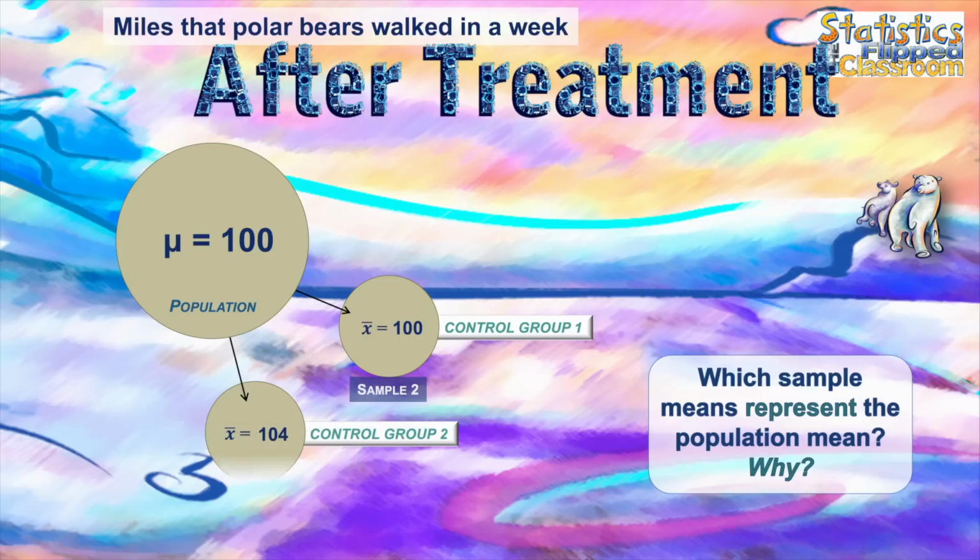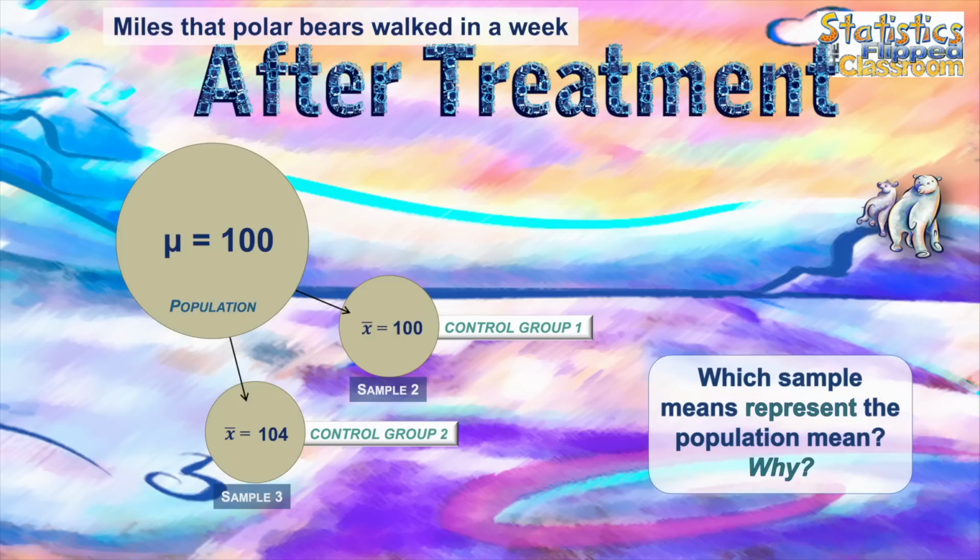But what about my second control group? They walk on average 104 miles per week. Is this number representative of the population? Well, it's not exactly the same. So I have to explain, why is it different? Is it different because there is an effect?